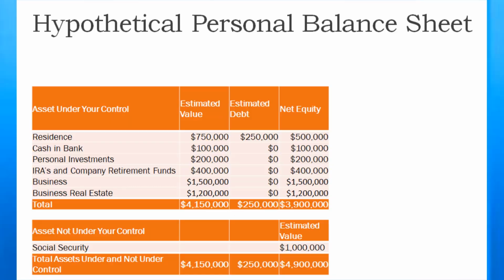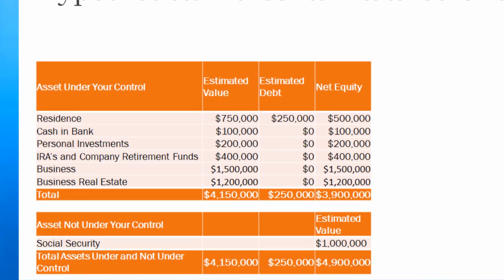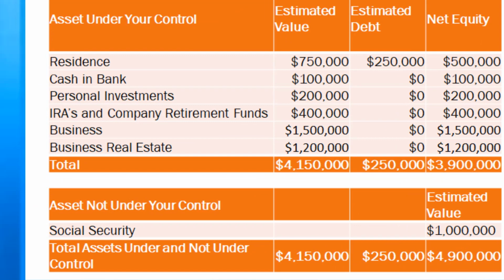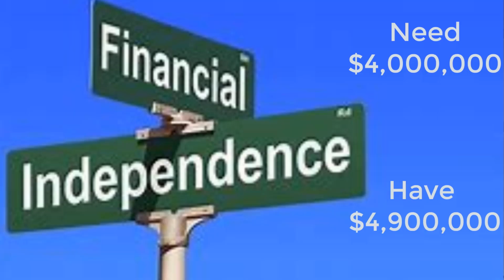Adding to that the $1 million value of Social Security benefit, we now have almost $4.9 million of assets to meet a need of $4 million. At first blush, it looks like we have enough assets to be financially independent. But we haven't taken 5 things into consideration.